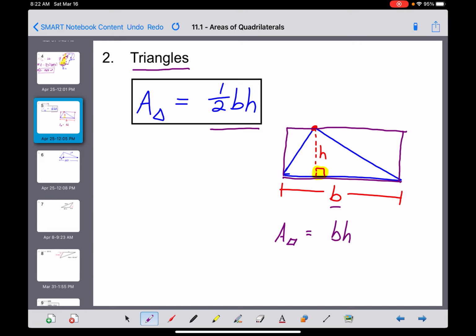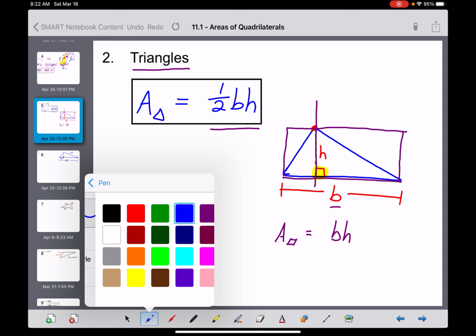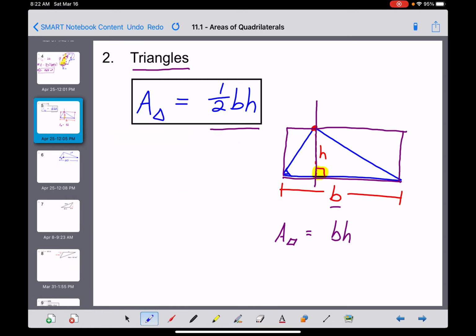And the cool thing about this here is, guys, now you'll notice that we've drawn a triangle inside of that rectangle. And if I were to cut that thing in half, like right here, let me switch back to blue here because that's what color the triangle was, what I'm shading right here makes up exactly half of this rectangle.